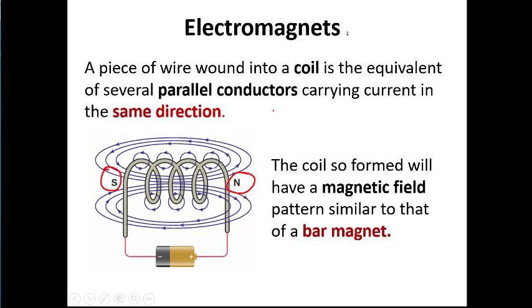And so if we have a coil of wire with several parallel conductors carrying current in the same direction, what will happen is the magnetic field that they create along their axis here will create the north and south pole, and that'll be very similar to a magnetic field that's created by a bar magnet.